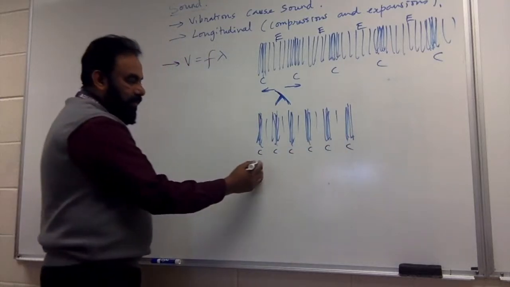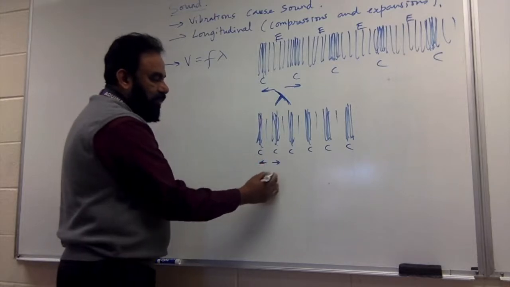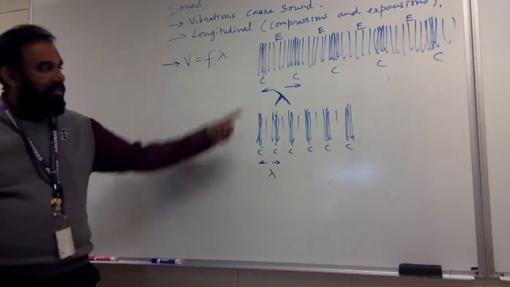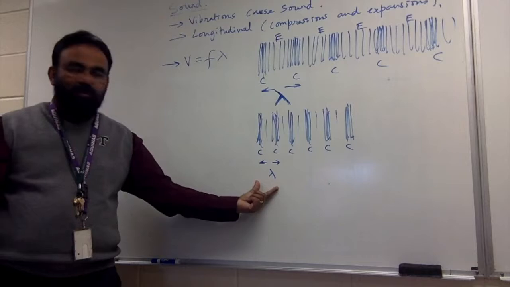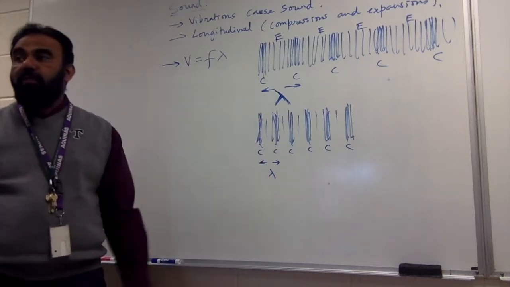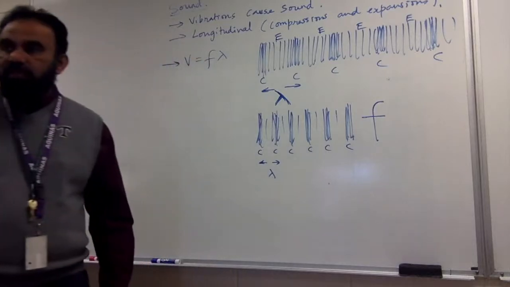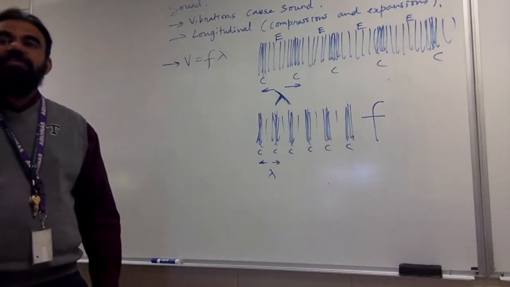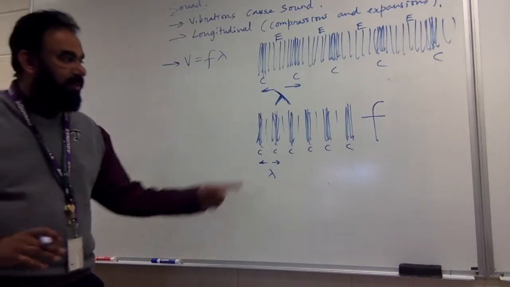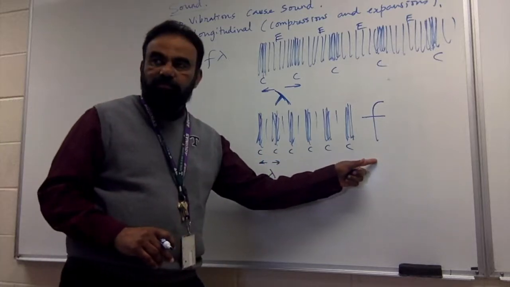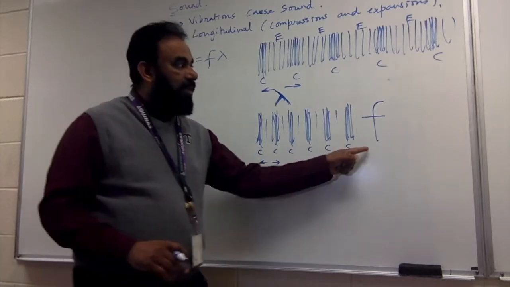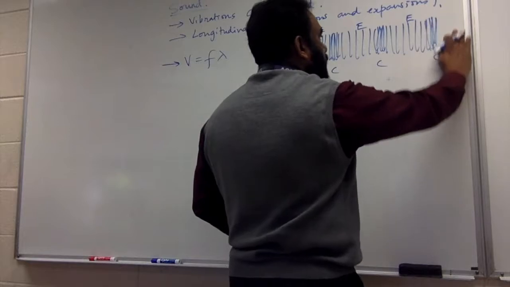What do you see as a wavelength? Shorter. And this is a bigger wavelength. That's a shorter wavelength, but this one has more frequency. What do you mean by frequency? The rate. The number of compressions produced per second. That's called frequency. This is bigger frequency. This one's frequency is smaller.